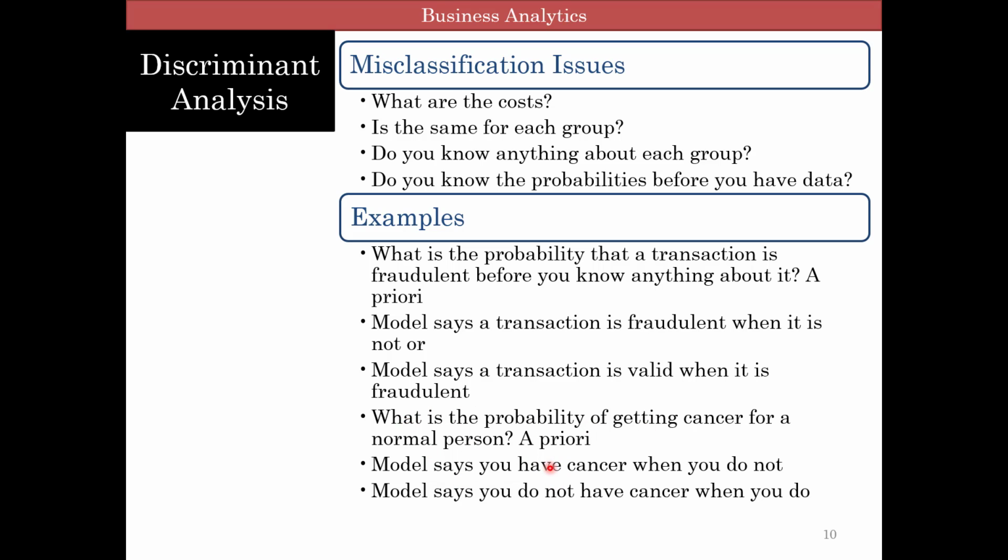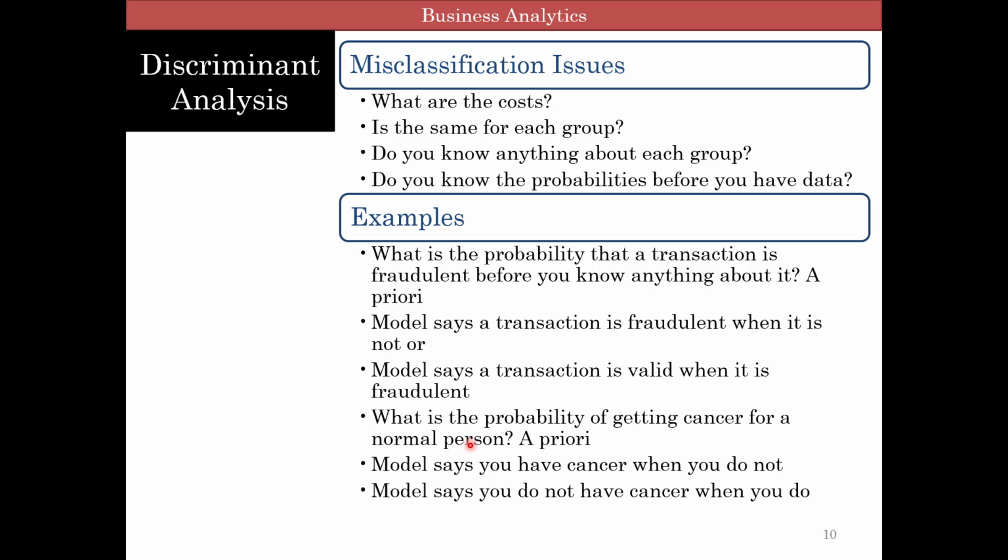Second, same thing, the cancer, right? What is the probability of getting cancer for a normal person before you know anything about the person? That's called a priori. A priori probabilities is before you know anything, what do you know about the population in general? And a lot of times we have that information.